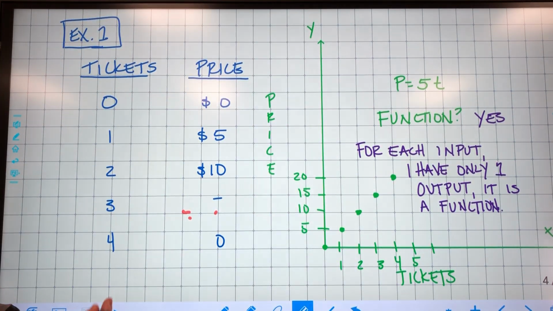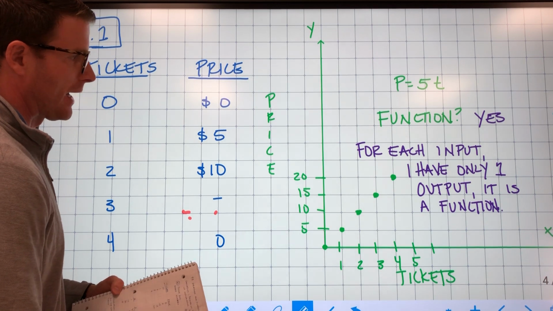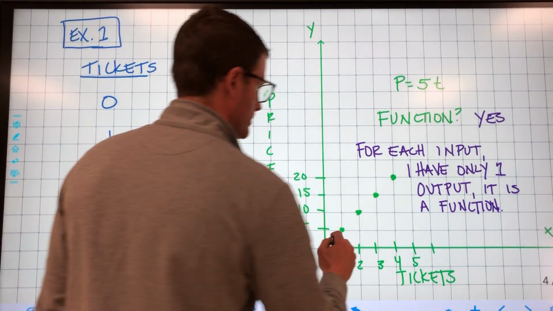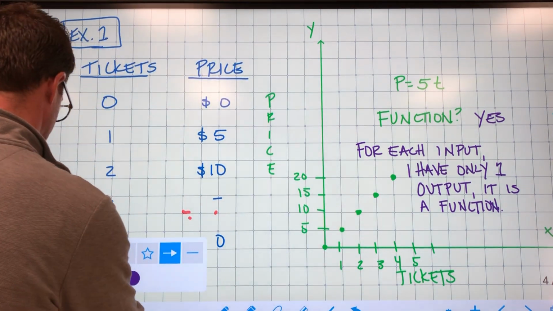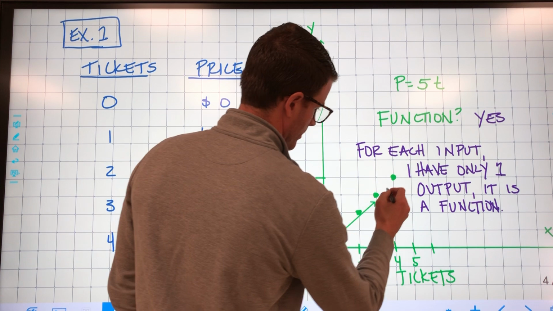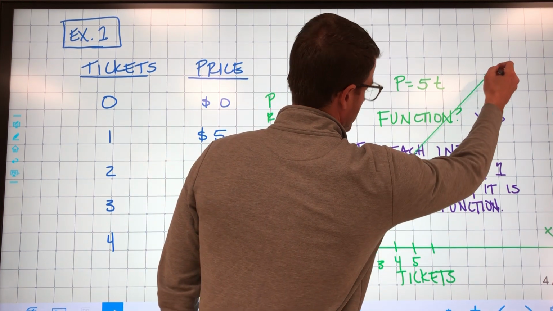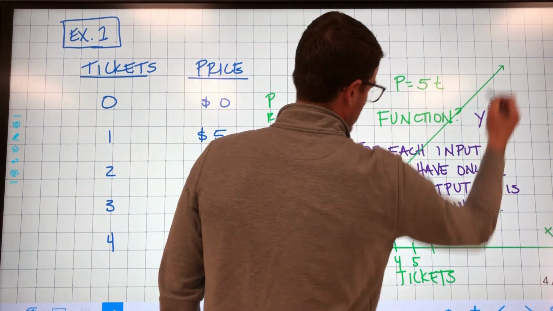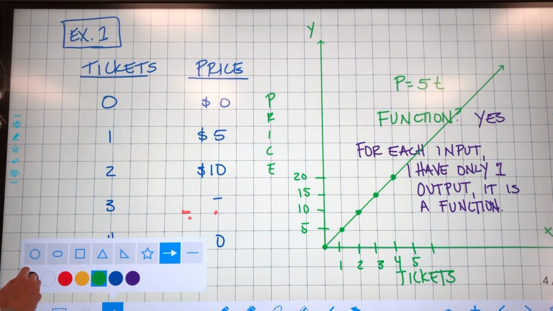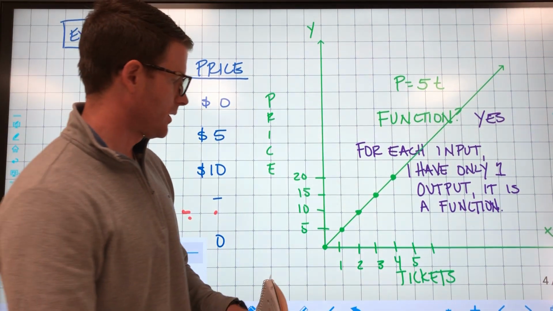If I draw a line connecting through these, going back here to green, here's my graph. Then I'll use black to test. We're going to do the vertical line test.